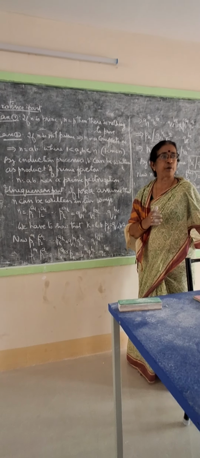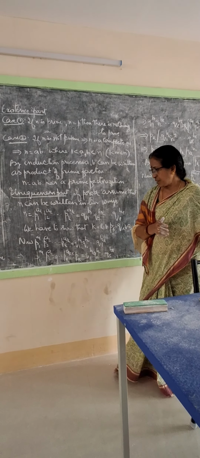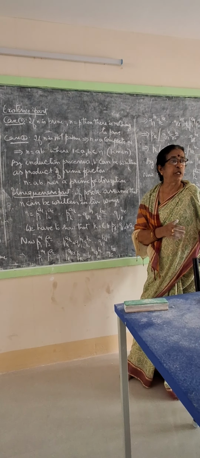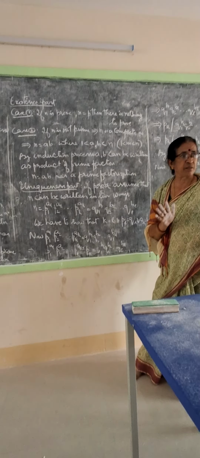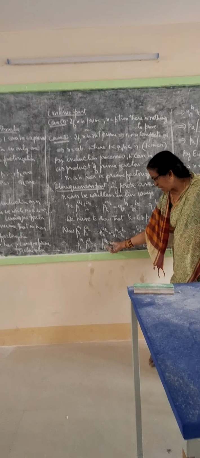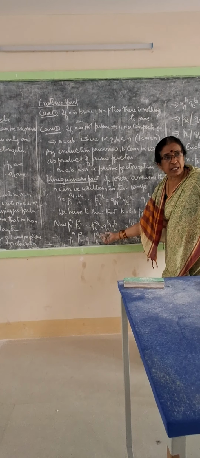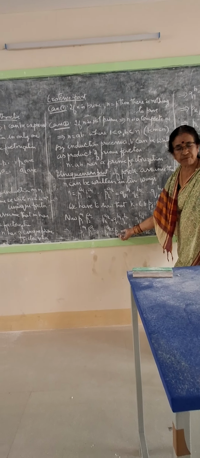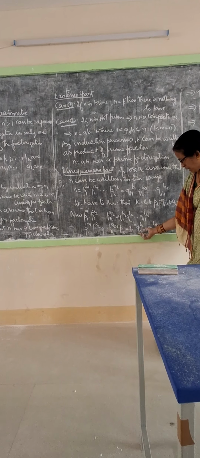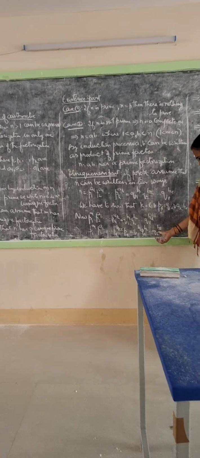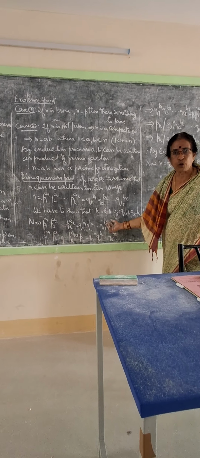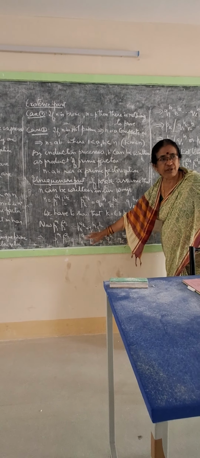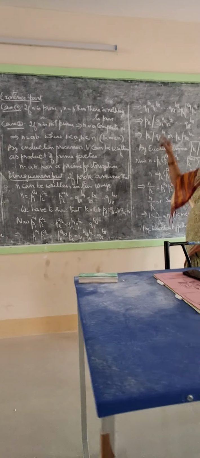Suppose p5 to the power of a5. What is the meaning of that? p into p into p, like that 5 times. So here we can write this as pk to the power of ak minus 1 into pk. Similarly, ql to the power of bl can also be written like this. Here only we have taken it as a product of two numbers.